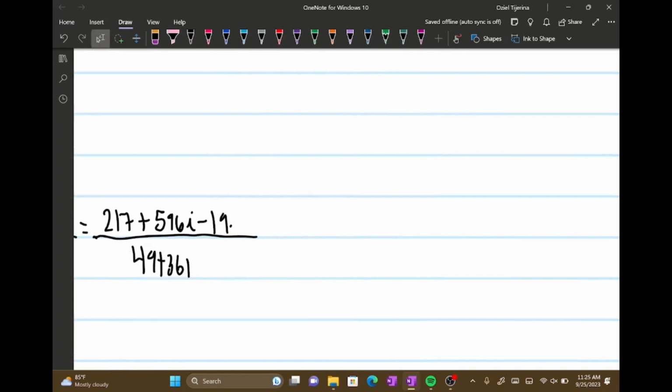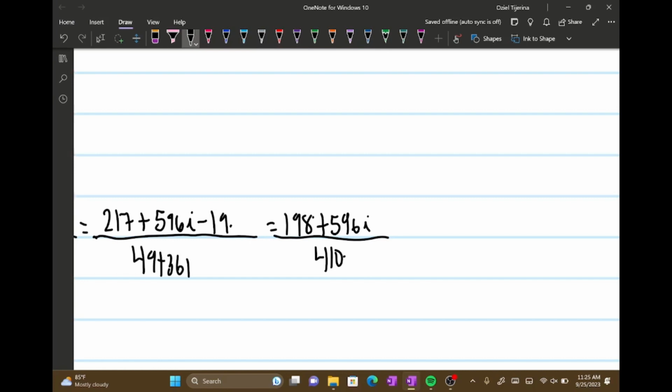So then combining like terms, 217 minus 19 is 198, and then plus 596i, and then over, 49 plus 361 is 410.